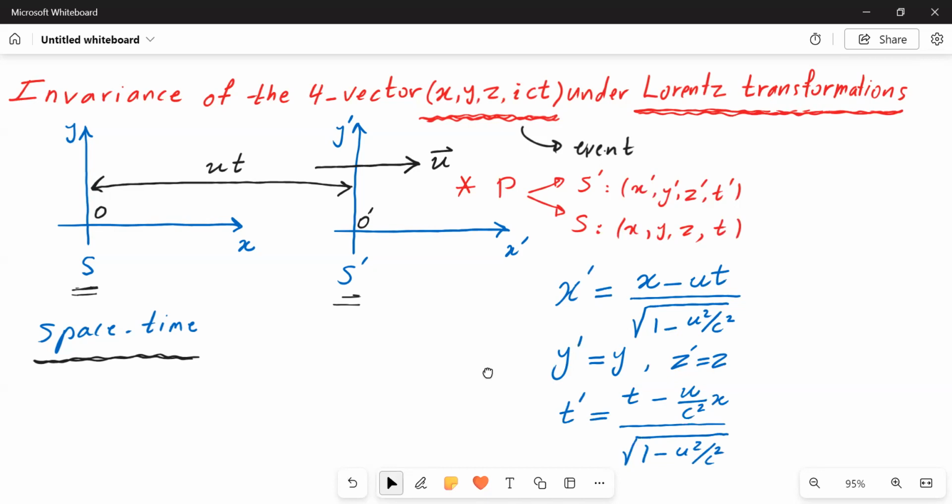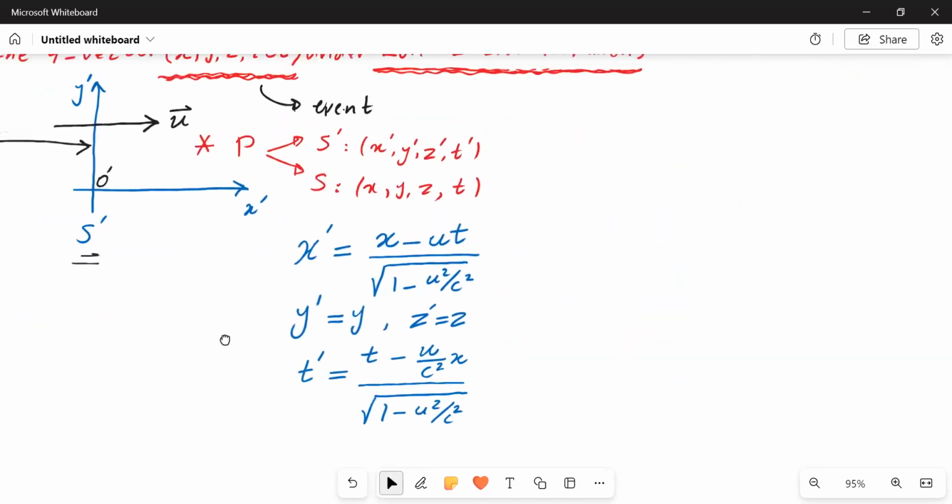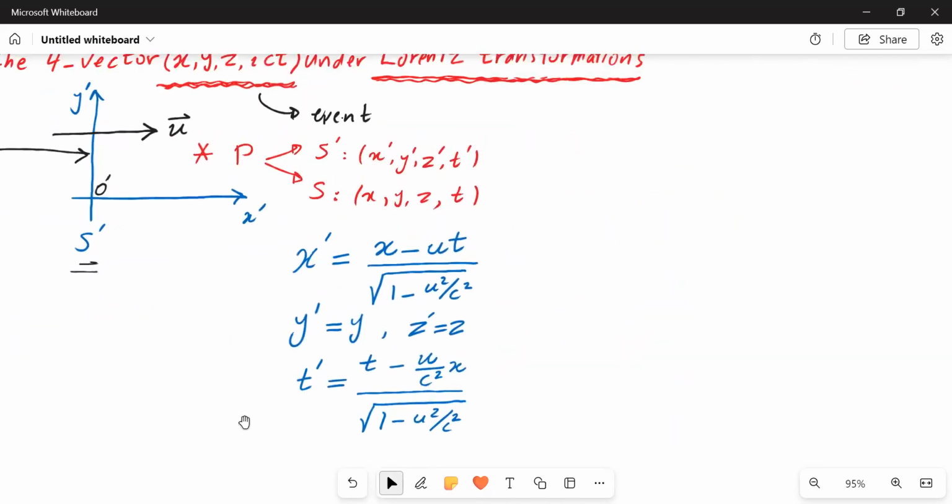Okay. Now, before we continue further, I have to mention that c is the speed of light in vacuum. Let's say we're looking into this problem in vacuum, where the speed of light is at its highest value.